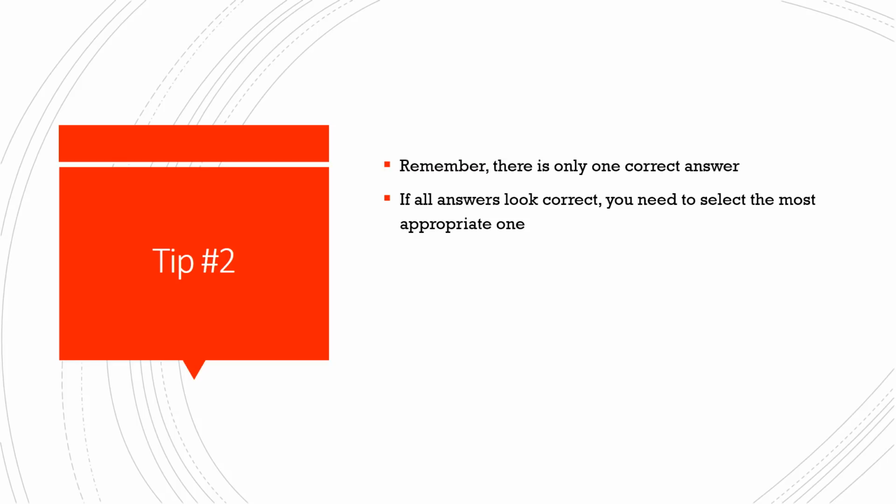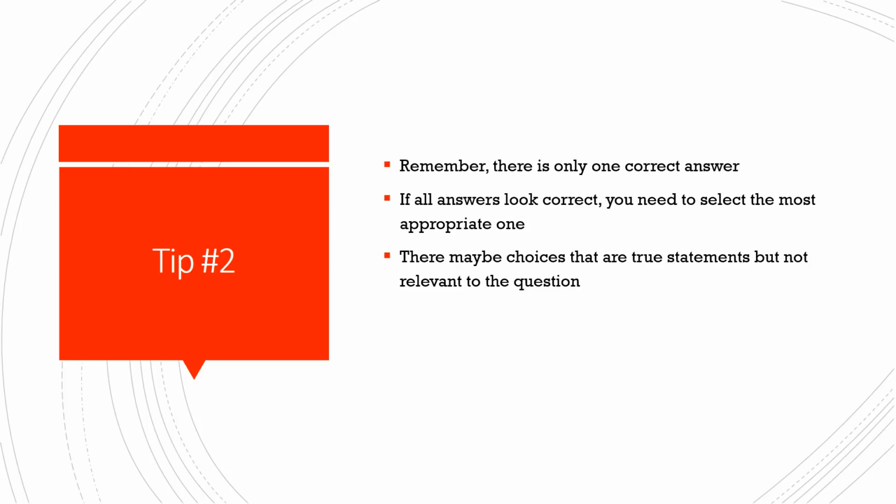There could be certain questions wherein you see the problem and you see the options and you feel like all four of them are good options, all four of them are correct, but you need to then decide the priority of those options, and decide which one is going to be the most appropriate one.